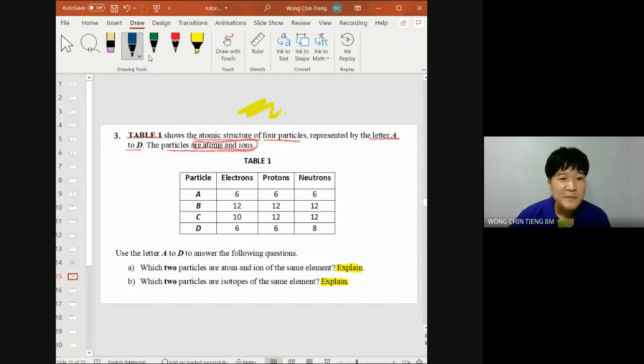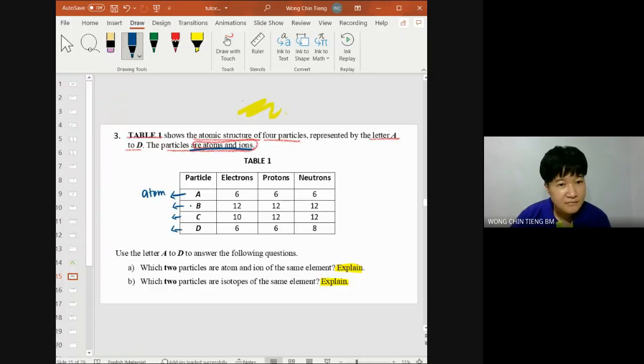Alright, come back. So, we are having atom and ion over here. The first thing that I want to ask before we answer the question would be, which one is atom, which one is ion? Azri? A, atom or ion? Atom. A is atom. Why?